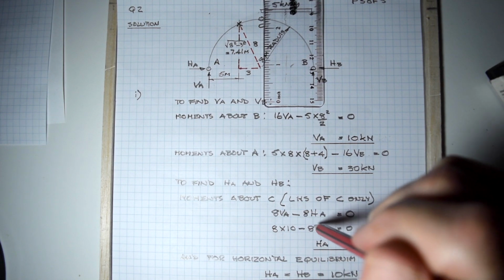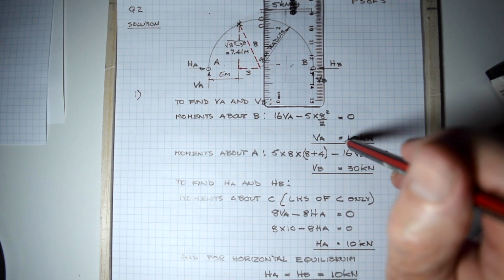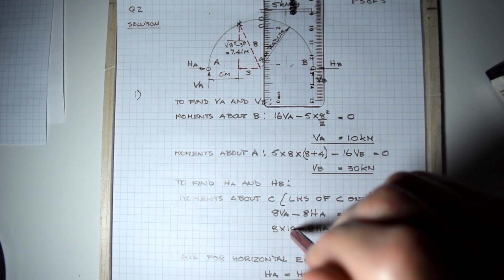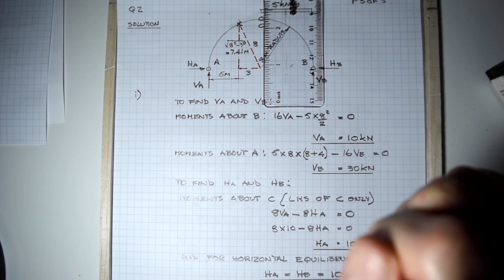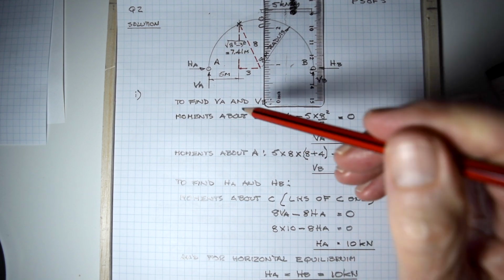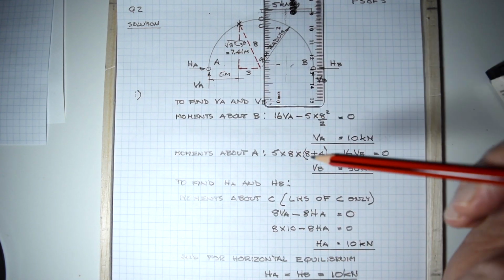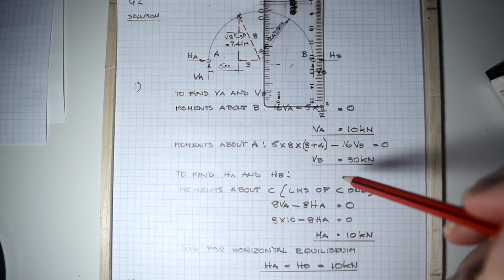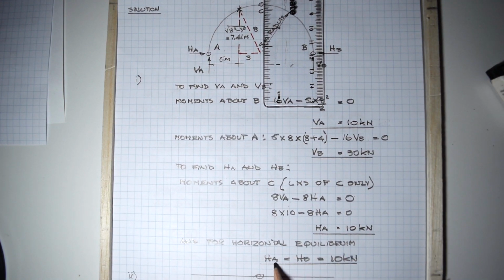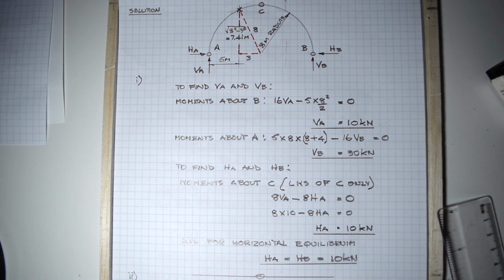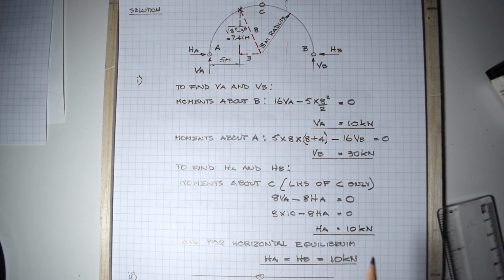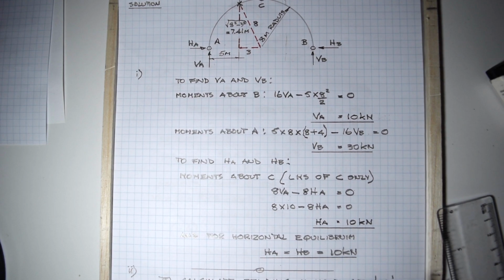We know what VA is because we've worked it out up there. You substitute it in there, 10 kilonewtons. Solving for HA, HA also equals 10 kilonewtons. So HA equals 10, VA equals 10. And for horizontal equilibrium, HA equals HB must equal 10 kilonewtons. So there we have the 4 forces, the 2 vertical forces and the 2 horizontal forces. And it is in equilibrium.